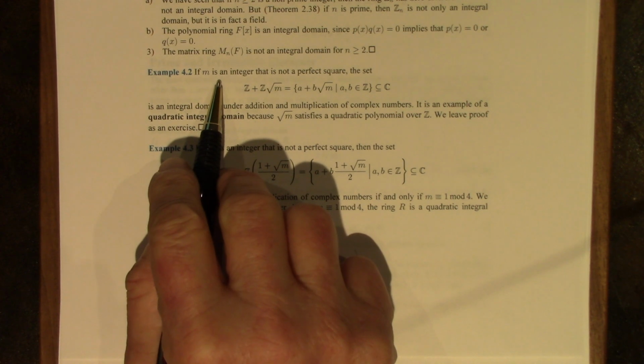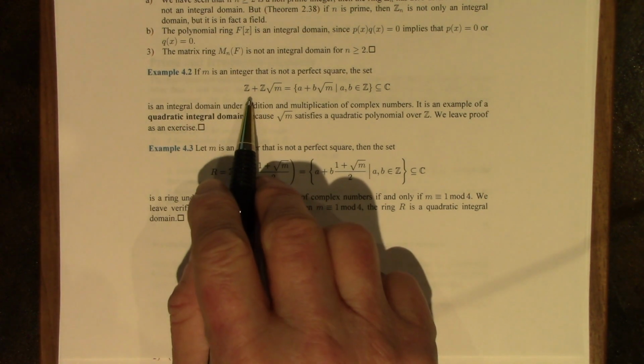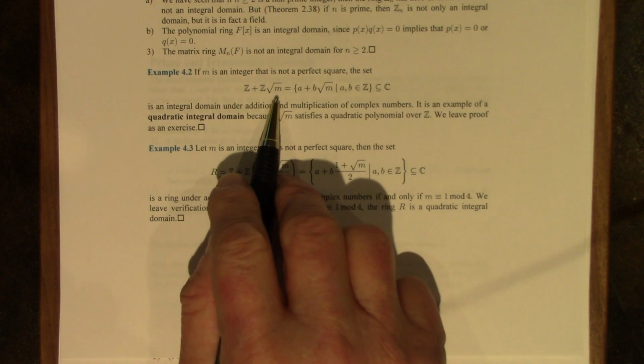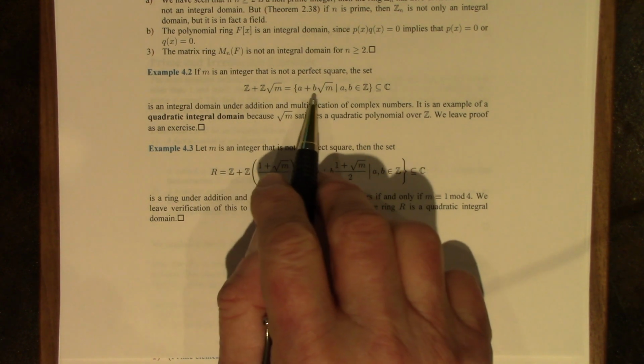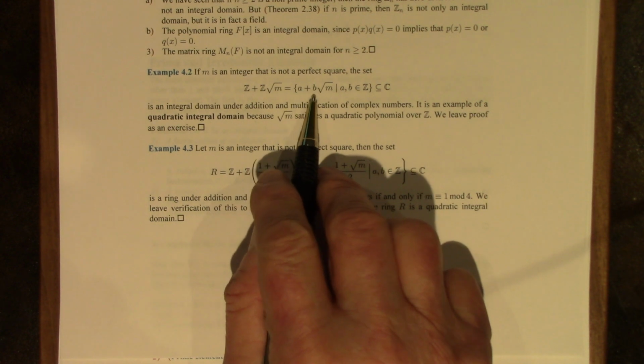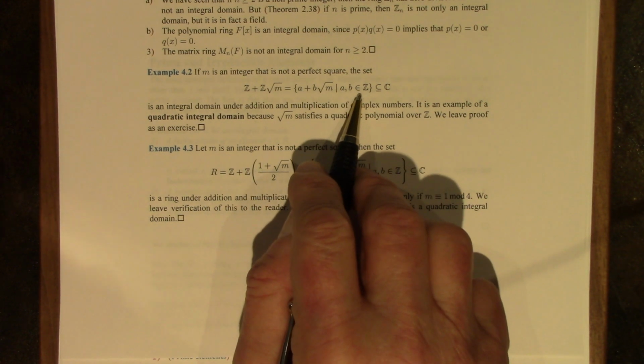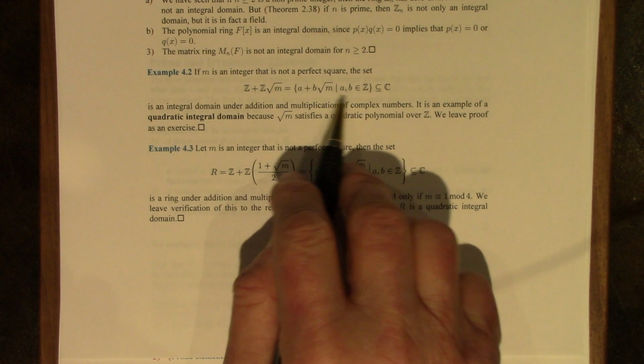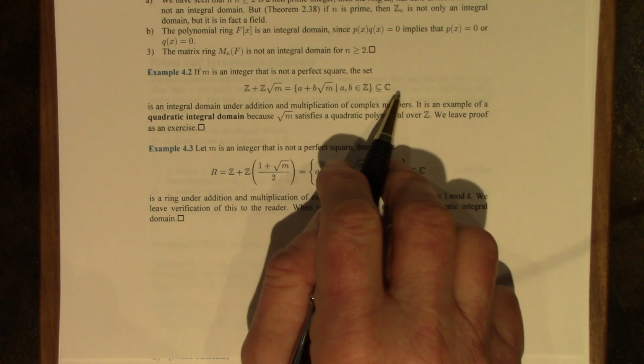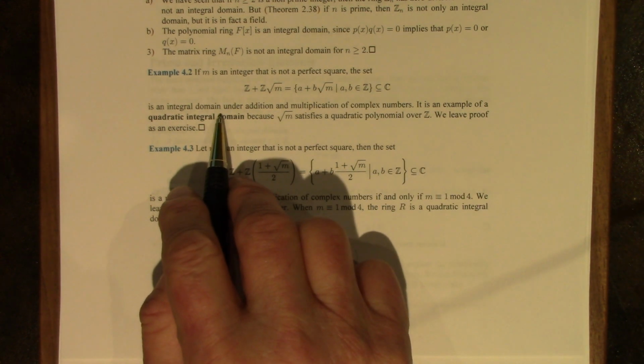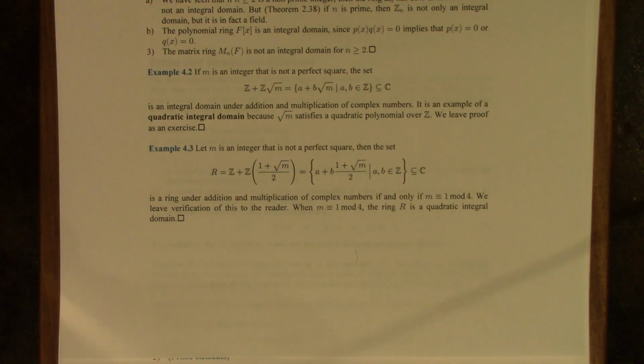If m is an integer that's not a perfect square, then this set Z plus Z square root of m, so that's all the elements of the form a plus b square root of m where a and b are integers, this, of course, is a subset of the complex numbers. This is an integral domain under addition and multiplication of complex numbers.